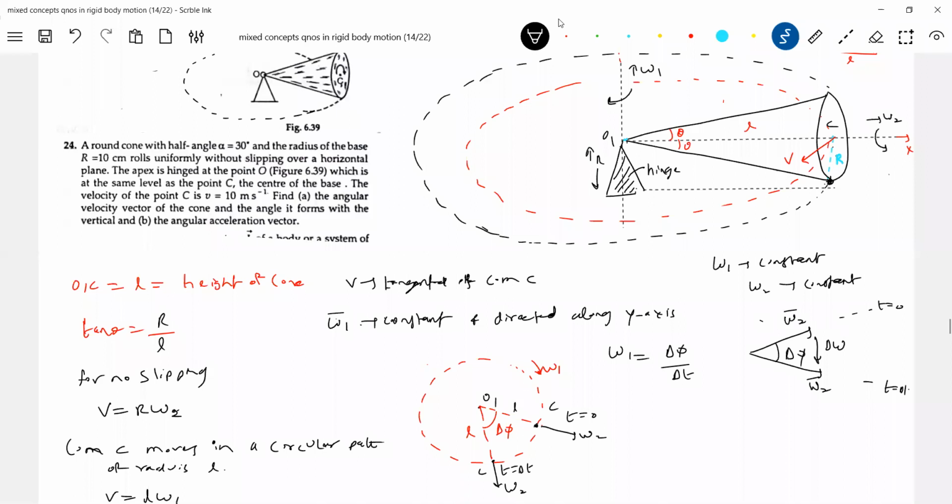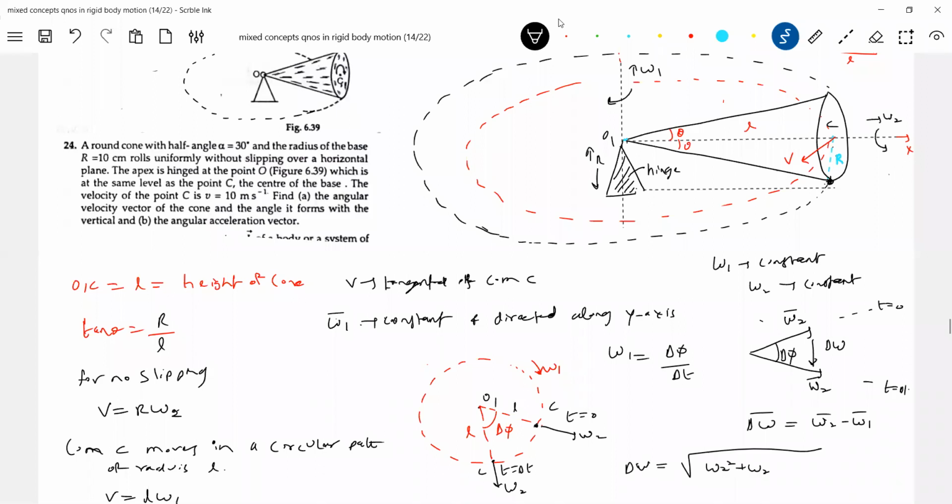So delta omega, what can you write? Omega 2 minus omega 2. Find the delta omega bar direction. Justified? What is delta omega? How to calculate? Go for vector subtraction.